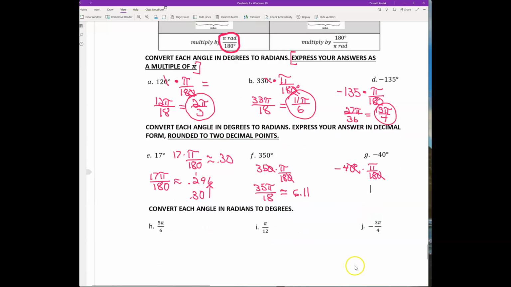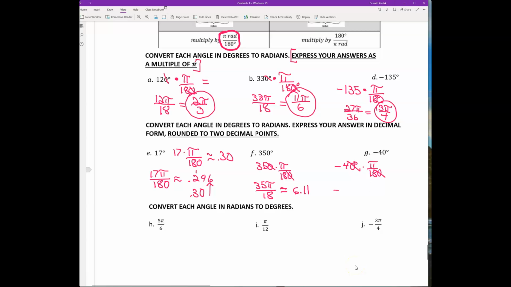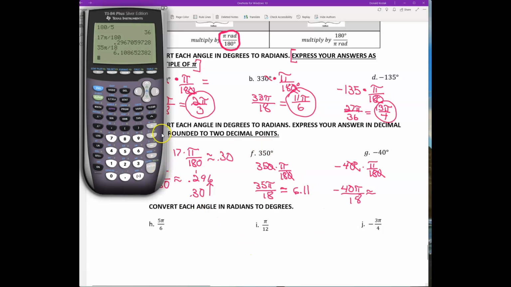So here I end up with negative 40 pi divided by 18, and I'm not going to reduce it because I'm just going to use my calculator to get the decimal of this. So negative 40 times pi divided by 18.